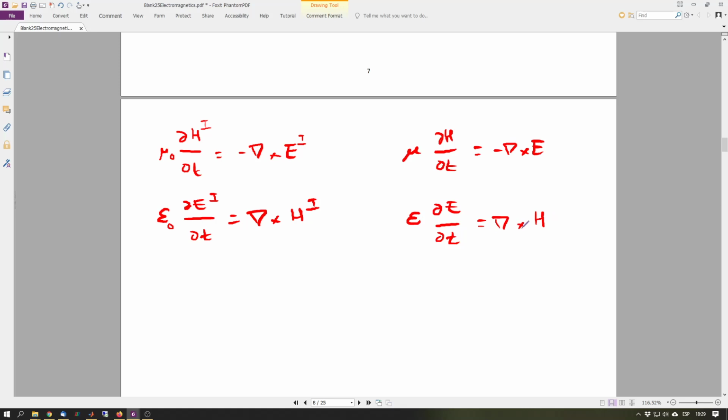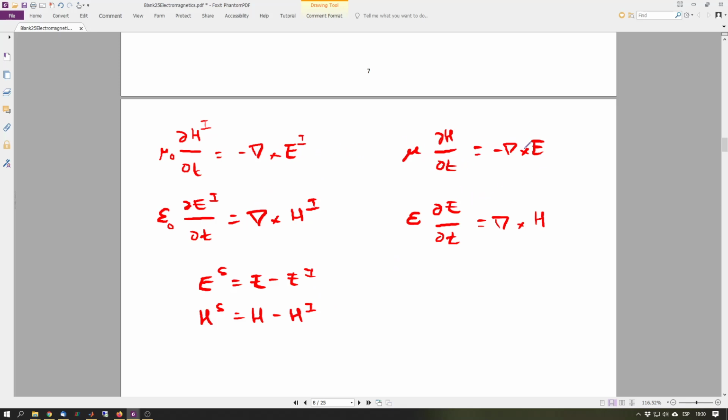And with H. So if we use the fact that my scattered field is equal to the total minus the incident, and this is true for the electric and the magnetic field, we can split this term and do the subtraction of the two sets of equations for the scattered field.